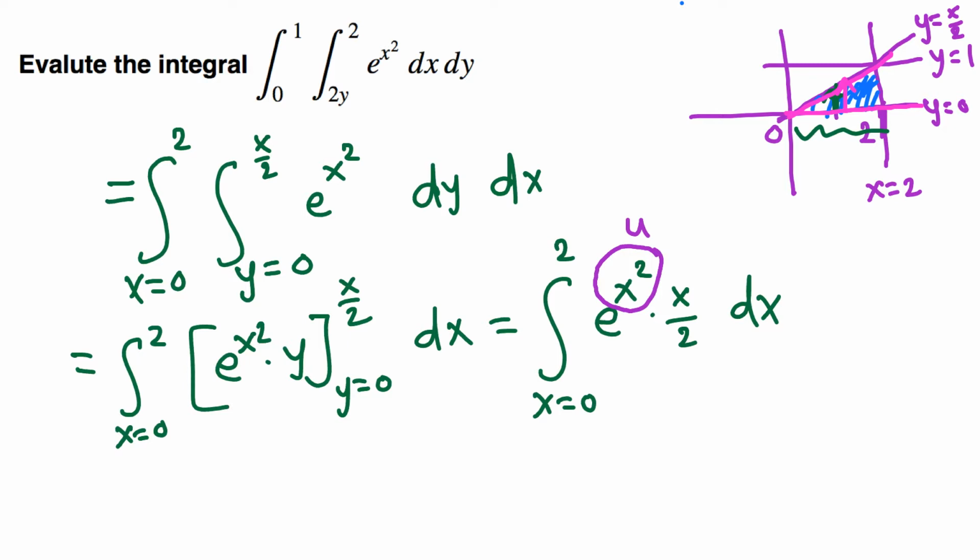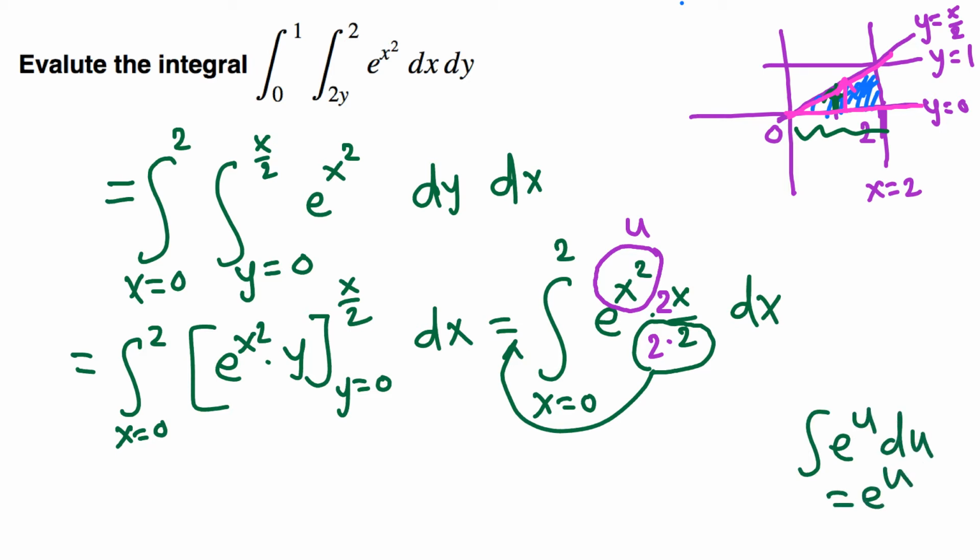Let's say this is u, its derivative is 2x, there is no 2x, but we can always multiply by 2, and to counter this, we need to divide by 2 as well. If we do this, then we can bring 2 times 2, which is 4, outside. We can pull outside 1 over 4. This is like e raised to u, and 2x dx is du.